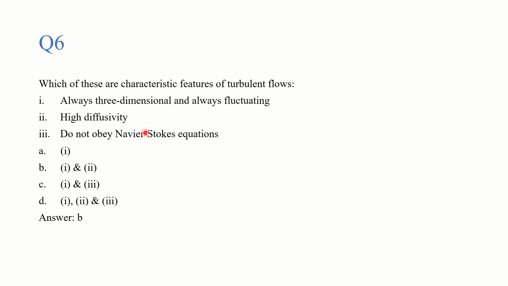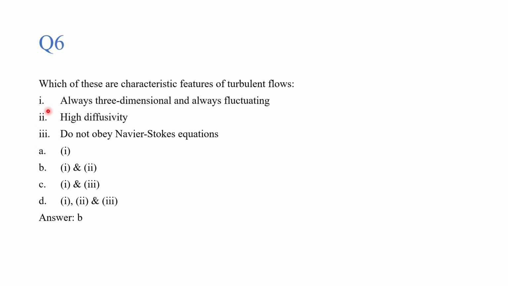From the given options, it is seen that turbulent flows are three-dimensional and are always fluctuating. It is true, right? Because all the properties keep varying without any pattern. So option 1 is right. In option 2, it is given high diffusivity, which is again right. And option 3 says they do not obey Navier-Stokes equations, which is false.